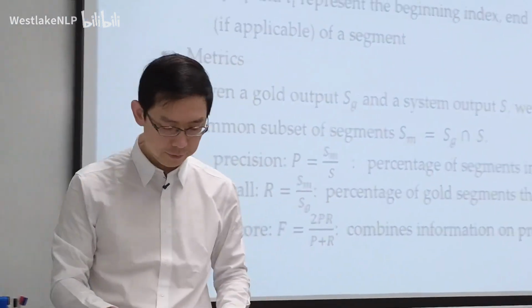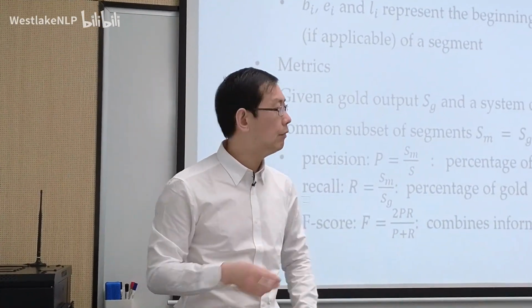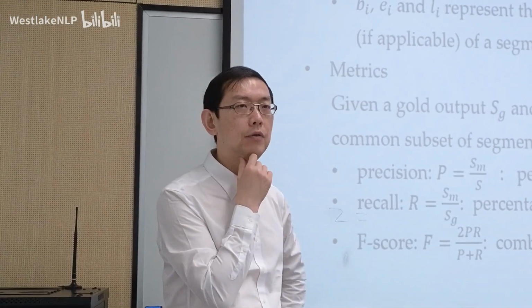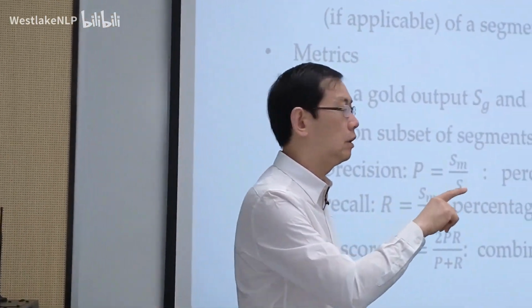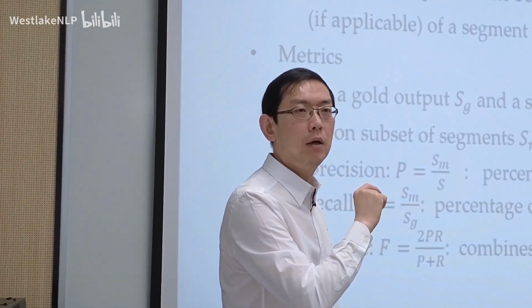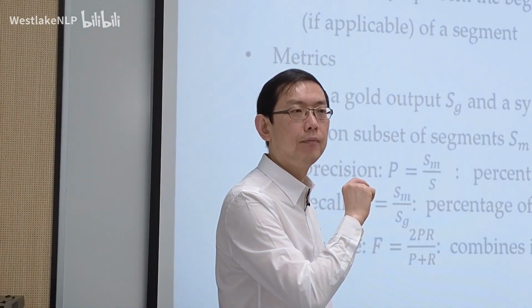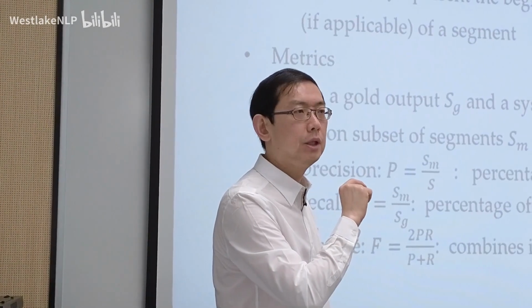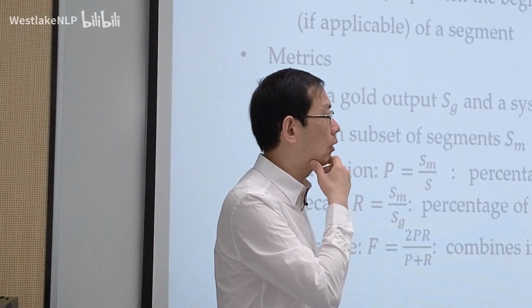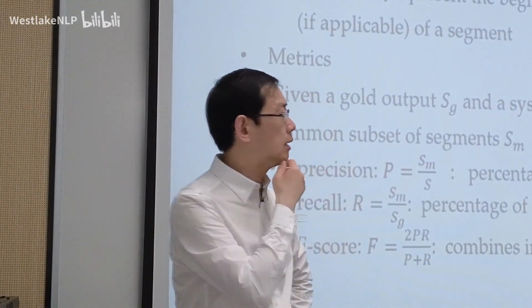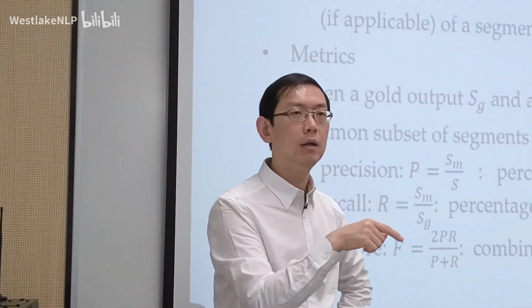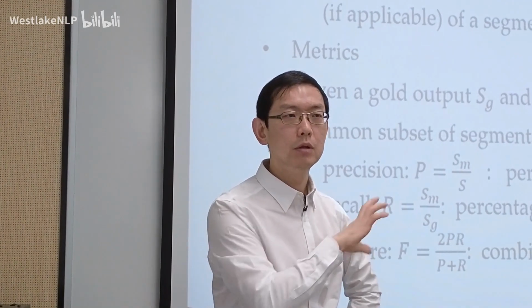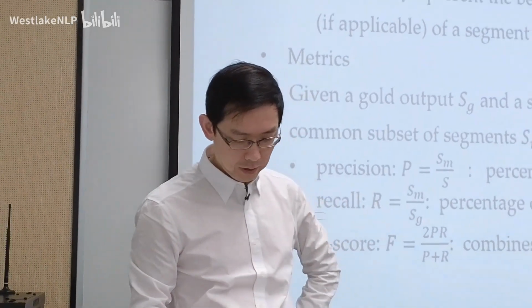So this is F score, but F scores can vary. So if you pay more attention to precision or recall, you can weigh precision more than recall in your F score. If you prefer recall to precision, you can weigh recall more, okay? So this balanced F score is called F1 score. So if you see in some papers, F1, subscript 1, it means that you use this equation.